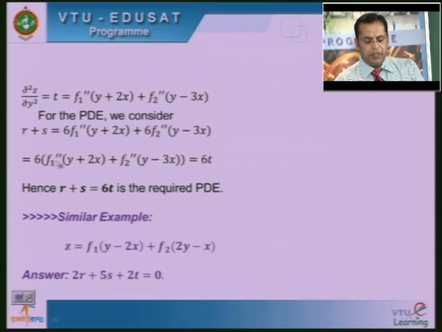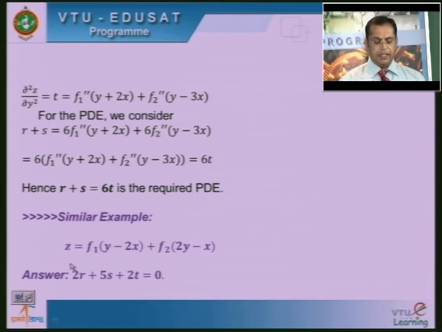But f1 double dash y plus 2x plus f2 double dash y minus 3x is t from this derivative here. So, you get RHS as 6 into t, or r plus s equal to 6t is the required PDE.